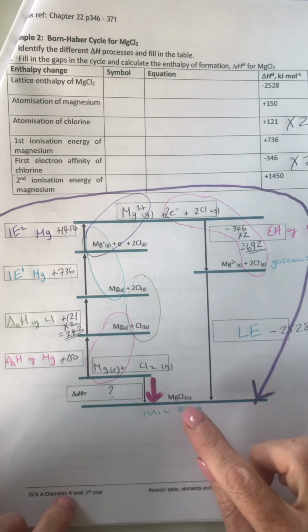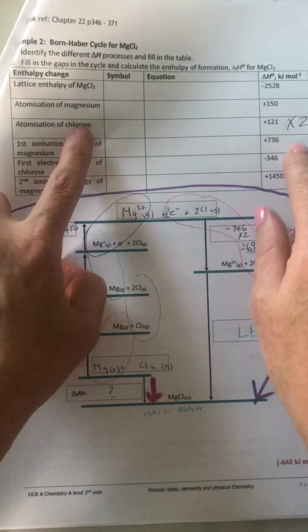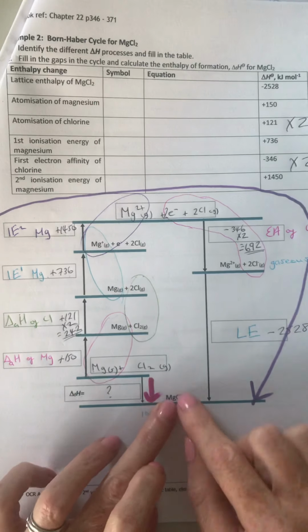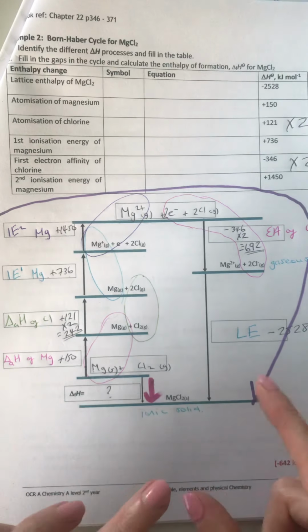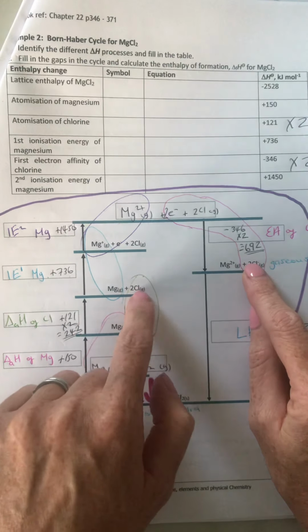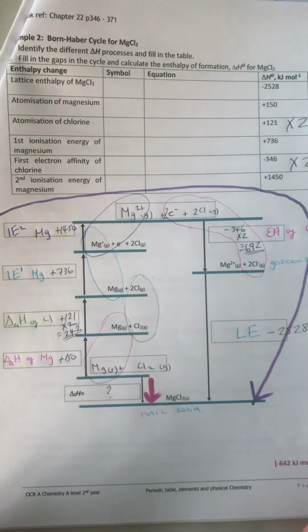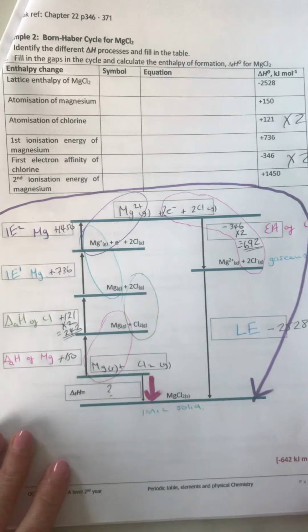I do. So two lots of chlorine, there's a chlorine there, times 2, chlorine times 2. You don't need to change the things like the formation and the lattice enthalpy, because it's the big numbers at the beginning. So big 2 there, big 2 there. And of course that's magnesium, so you don't worry about that. So the atomization and electron affinity get times 2.